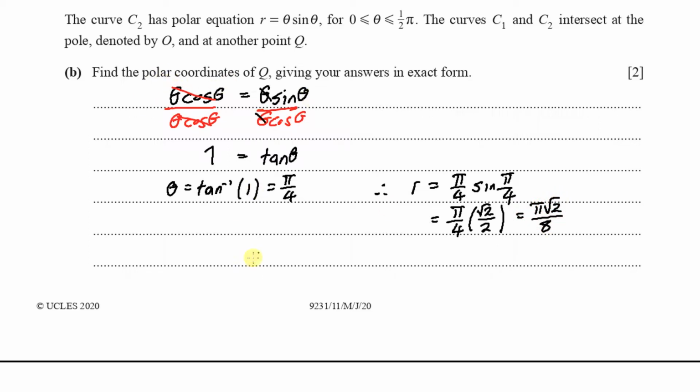So the polar coordinates will thus be in the form r, theta, so r is pi root 2 over 8, and theta is pi over 4. So this is what we have as our answer. Let's move on to part C.